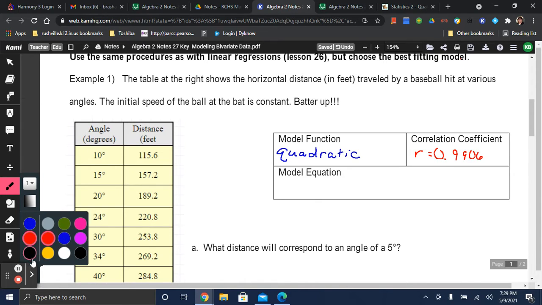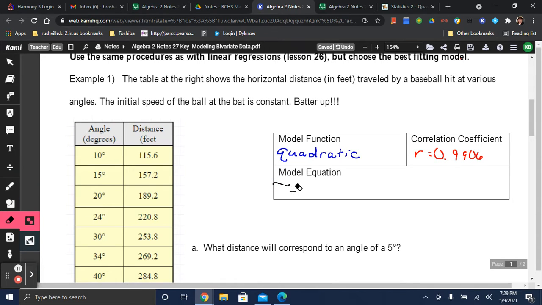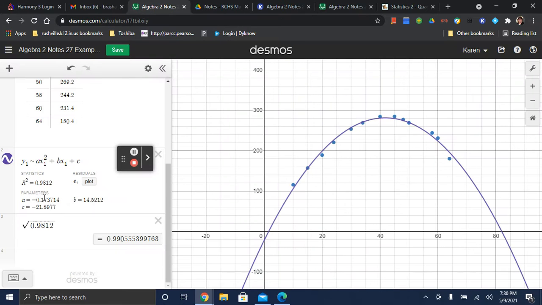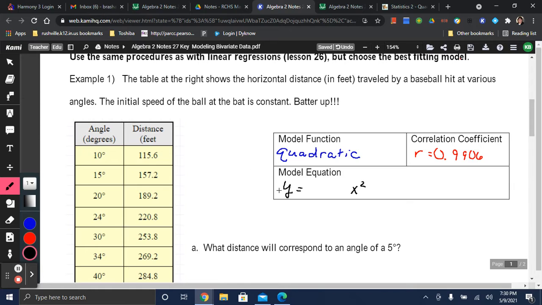Then it asks us for our model equation. This is the quadratic, so you could write down y equals, leaving space for the a, but put your x squared. Let's look up what the a is. A is negative 0.173714, so we'll fill that in.